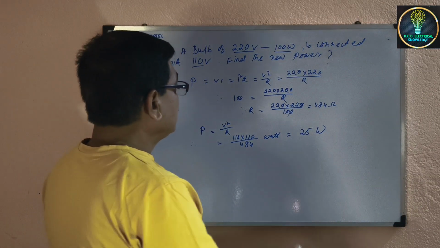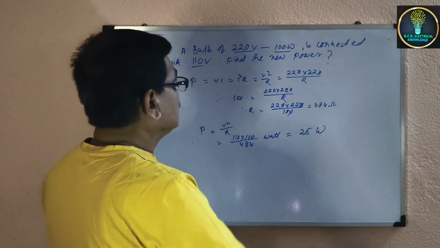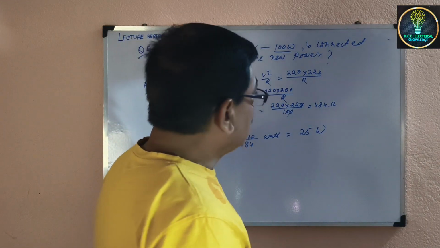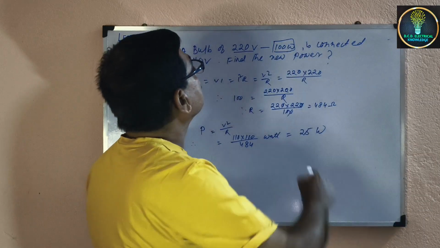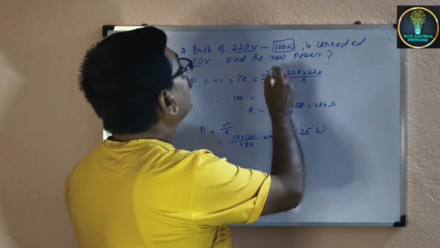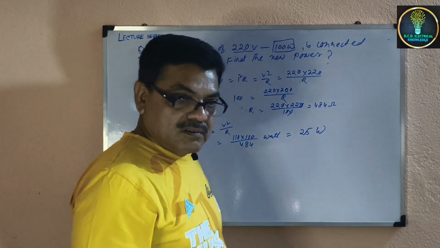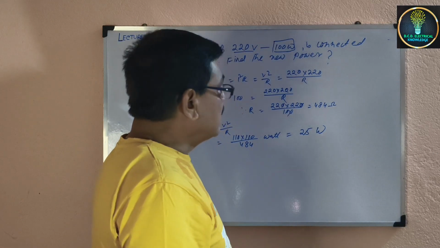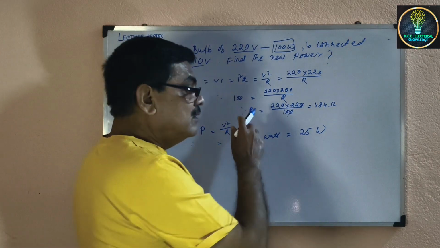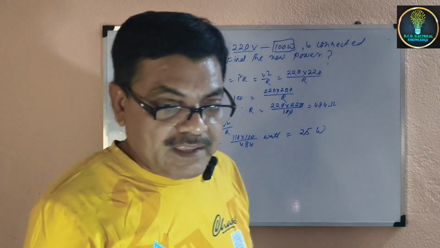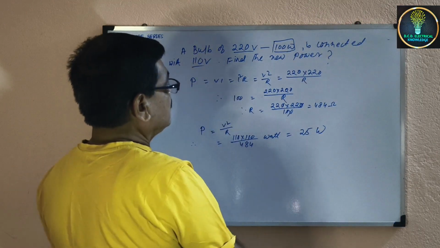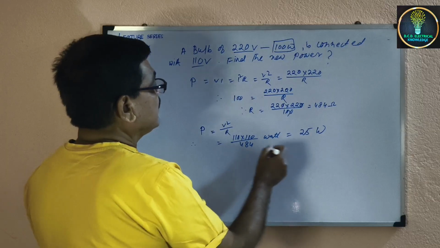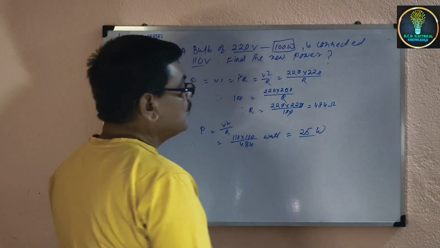So the bulb that consumes 100 watt when used at 220 volt, and the same bulb when used at 110 volt, the power is 25.